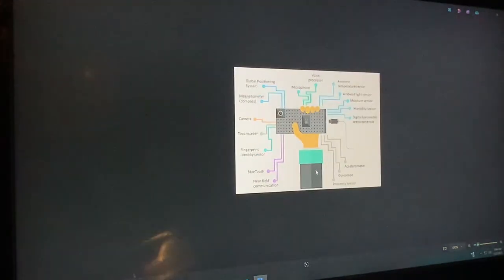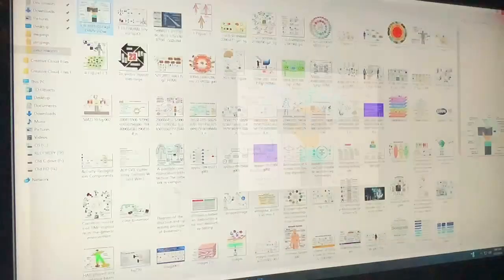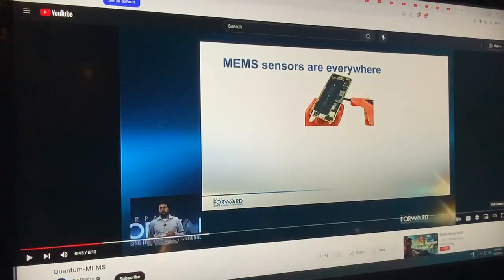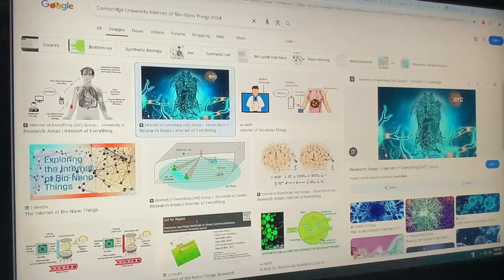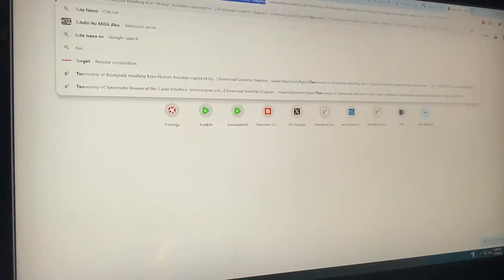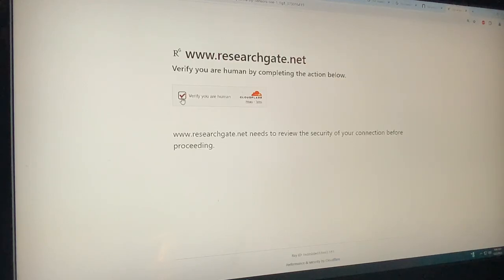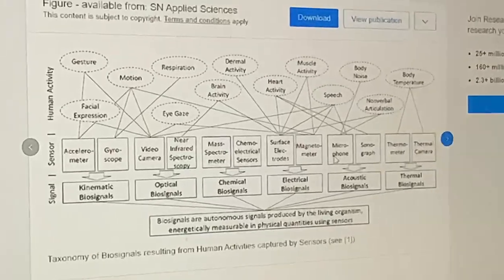Additionally, it's one thing to show you that image and say, look at all those sensors that we have in the phone. It's another thing to take you into the taxonomy of biological signals for each individual sensor on that phone.